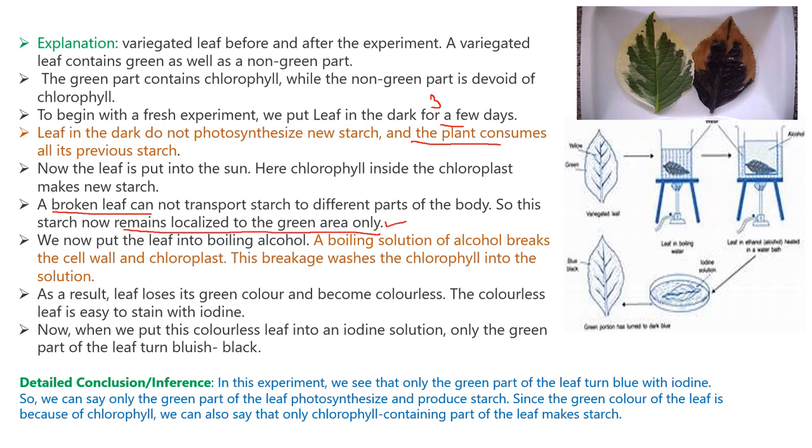Then we are going to take the leaf and trace it. Here you can see they have taken the leaf, and you have to trace the leaf first and mark the green part of the leaves. Why we are going to do so, I am going to explain to you soon.